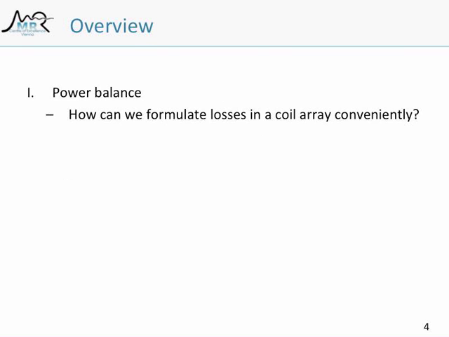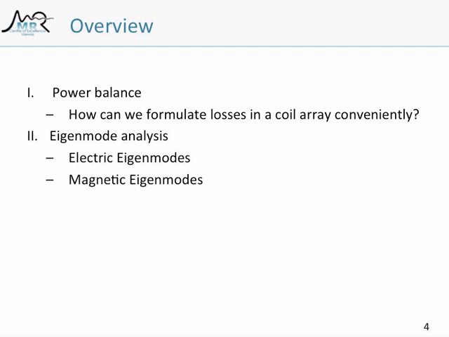So I have three parts here. I'll first start talking about the power balance framework that sits in the background of many of the later analyses. That basically talks about how we can conveniently look at losses that occur in the coil, especially in the context of coil arrays, where it gets a little bit more complicated. Then the second thing will be the eigenmode analysis of coil arrays.